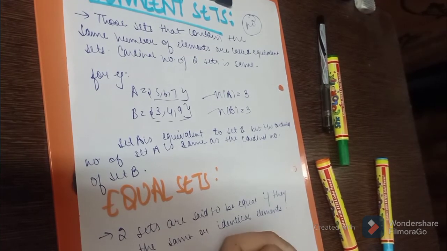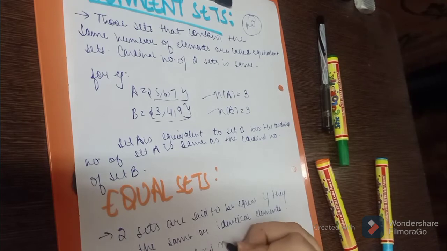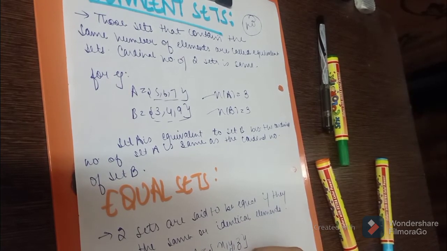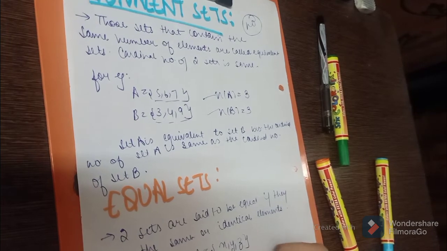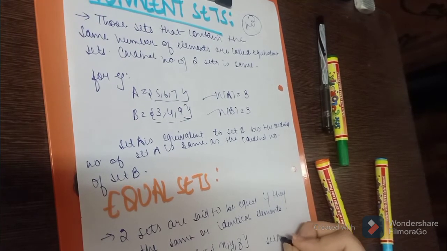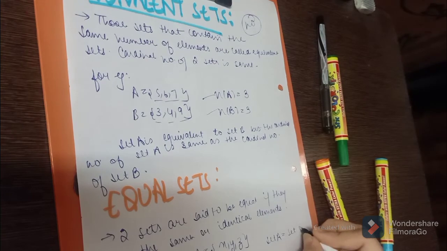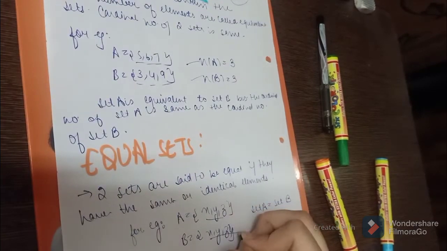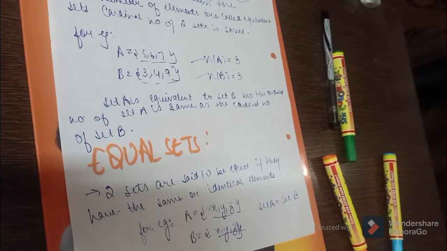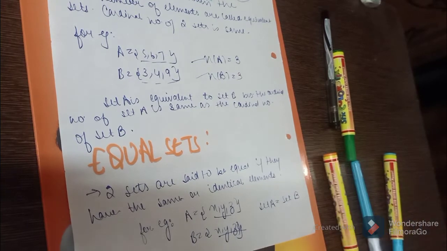For example, if set A consists of x, y and z and set B also consists of x, y and z, then set A is equal to set B. Now why is it equal? Because the elements are identical or the elements are said to be same. So the sets are called equal sets, right?